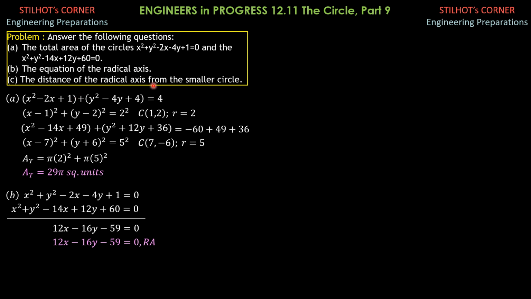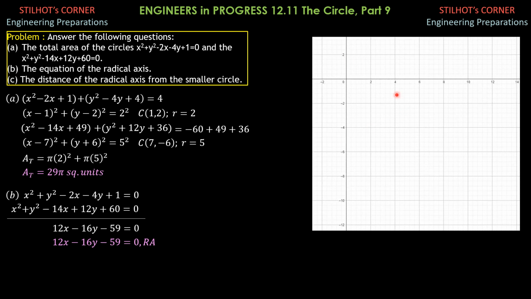For the distance of the radical axis from the smaller circle, one way is we sketch first the graph of the smaller circle with center at (1, 2) and radius 2 as shown. And the radical axis 12x minus 16y minus 59 equals 0. So you just substitute x equals 0, then solve for y, plot it here, negative 59 over 16, that's about 3 point something, so somewhere here.